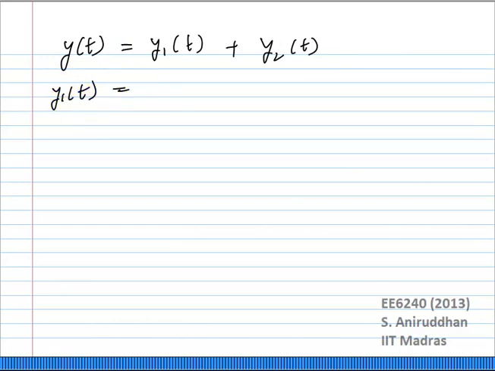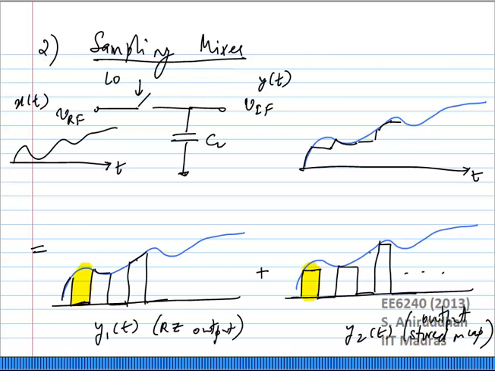So we are going to write y1 of t in this way. What is y1 of t? It is going to be x of t multiplied. So what is happening here in y1 of t? It's multiplying by 1 and 0 for certain portions.